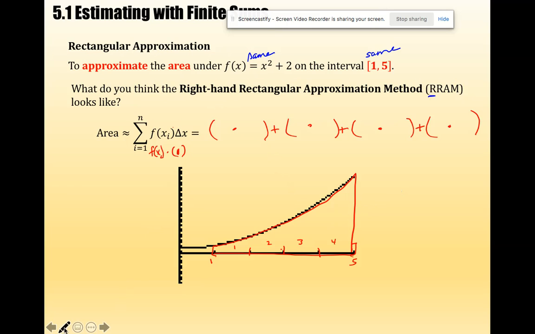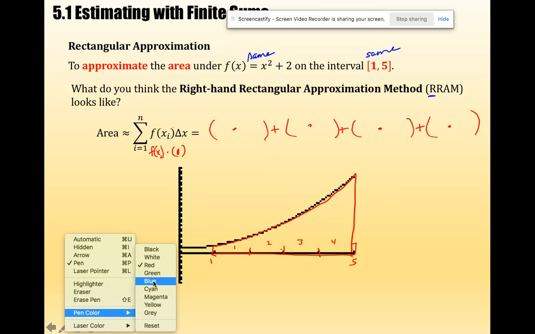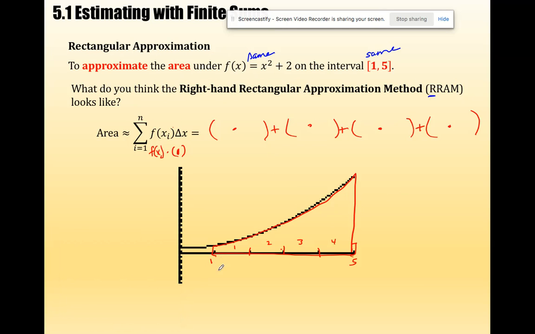But with the right-hand approximation method, what they want me to do is, given the first interval, which goes from 1 to 2, since I decided my delta x was 1, they want me to go to the right side. Start with the right side of the first interval, go up to the function, that's my height, constantize this way and down.